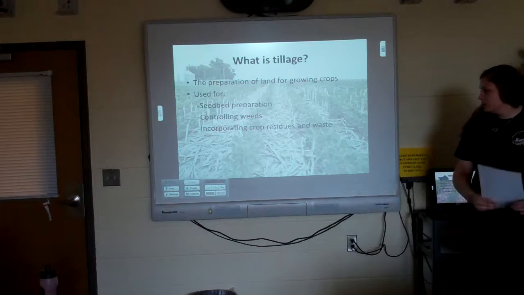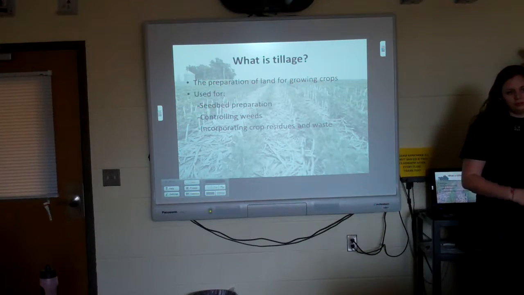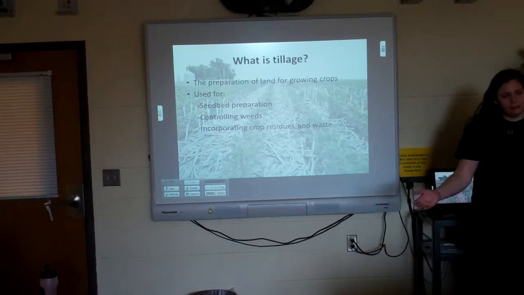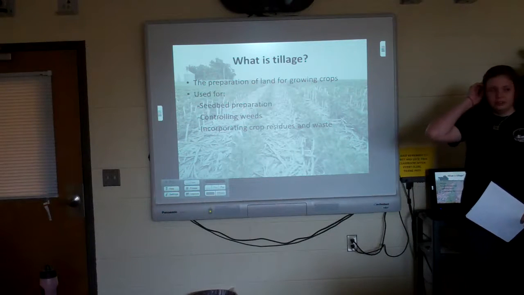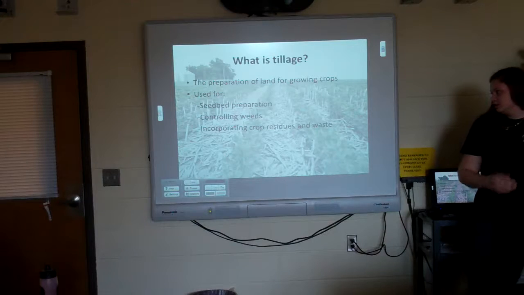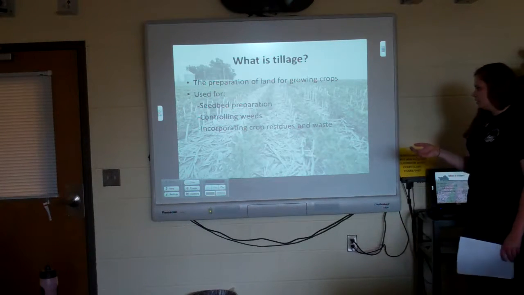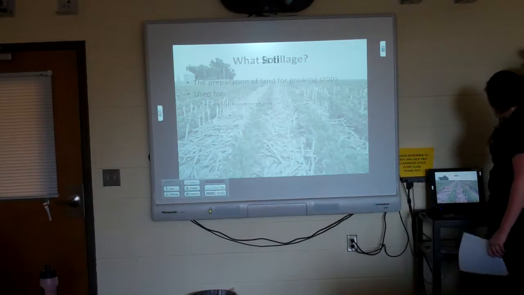It controls weeds by mixing the weeds that are there down into the dirt, so they basically die, but they add organic matter to the soil. And it incorporates the crop residues and the waste from the previous year by mixing up the stalks and everything left over into the soil.